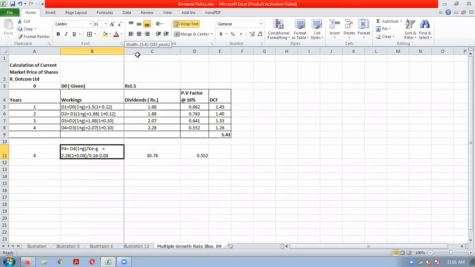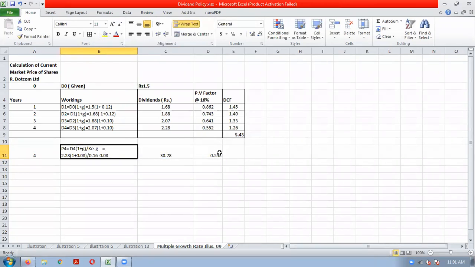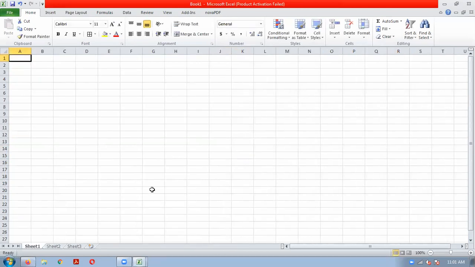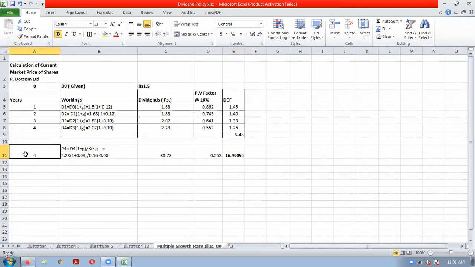So what is the discounted value? This you can call the terminal value also.